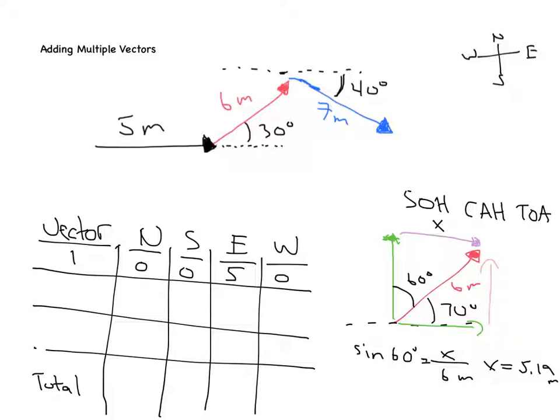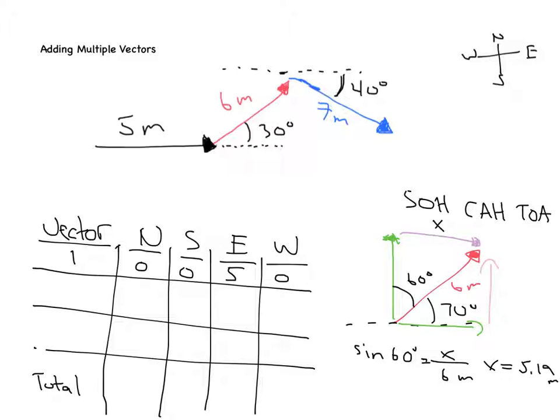Okay, so the x component of this vector is 5.19 meters. Now, if you don't believe me that these would give the same magnitude, using this angle of 60 to find x, or using this angle of 30 to find this x, keep in mind that if we do this triangle, we are going to be using cosine of 30, which is going to be the same as the sine of 60. So they both will give us 5.19.